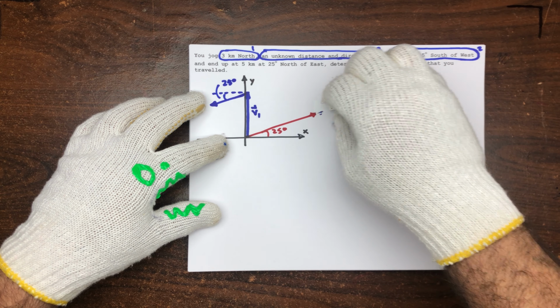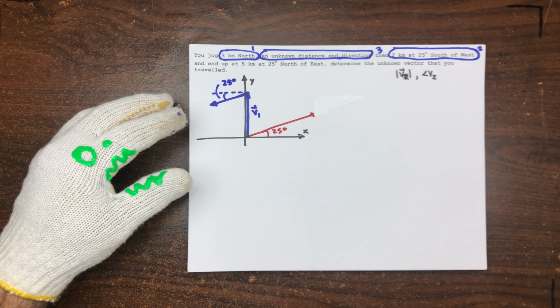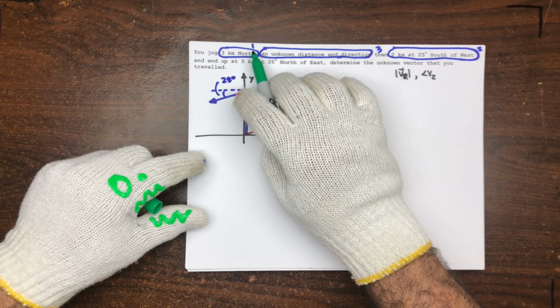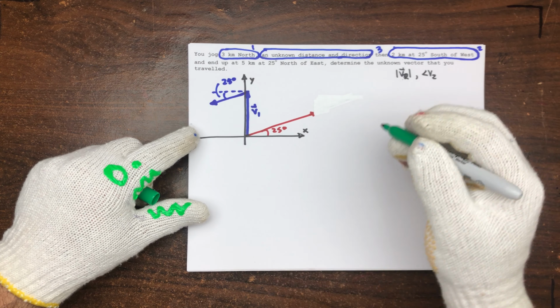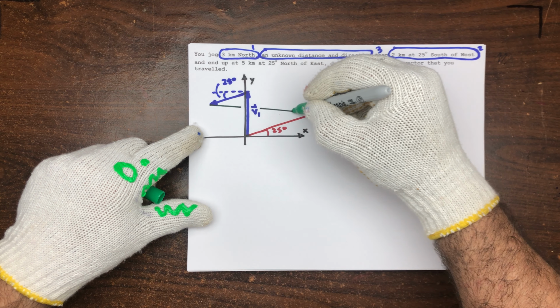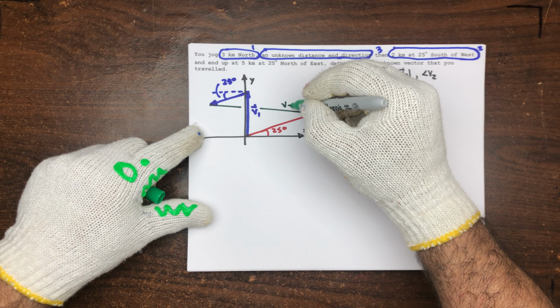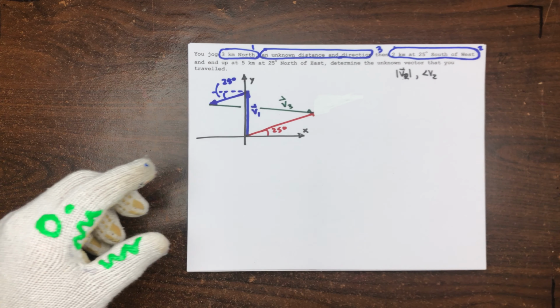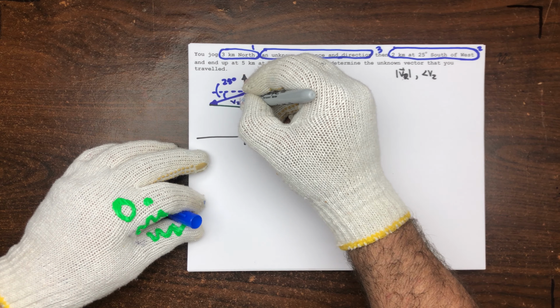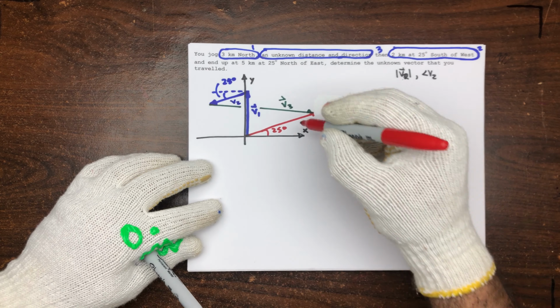Because they're added together, it doesn't matter really what order you add them. Okay, so like we talked about, I'll call this one leg 1, I'll call this one leg 2, and then my leg 3 will be my unknown distance. That will be V3. And this will be V2. And this is V final.